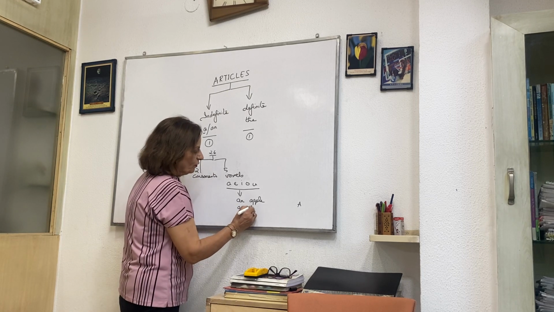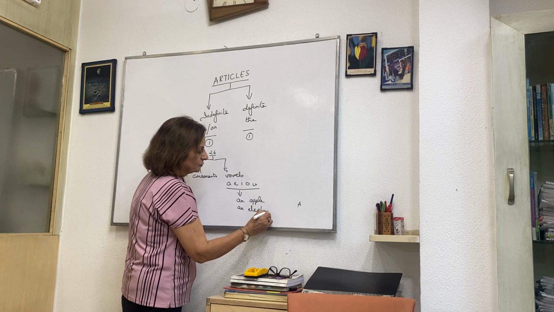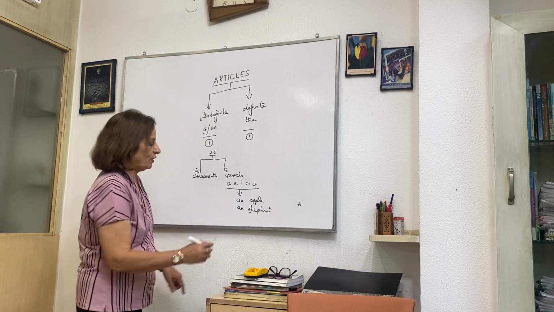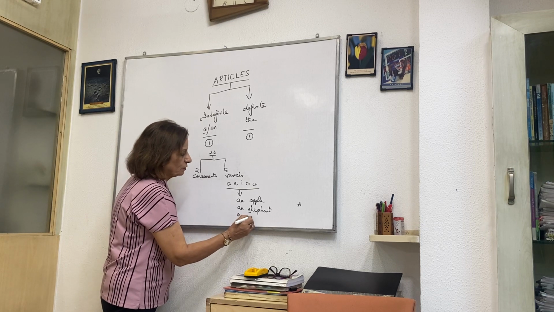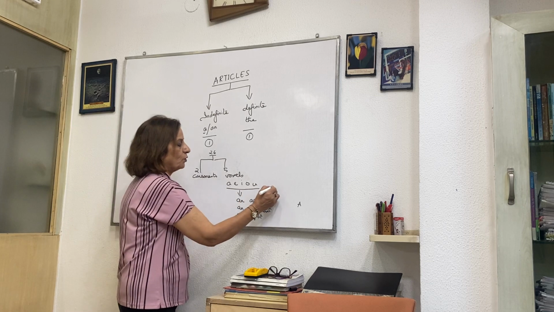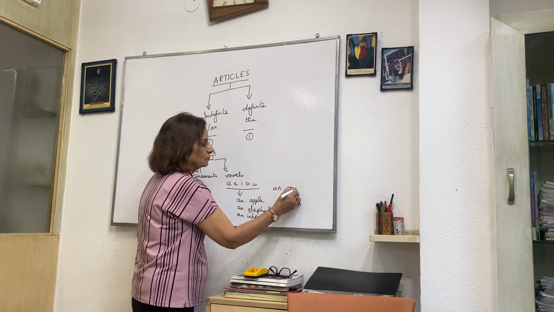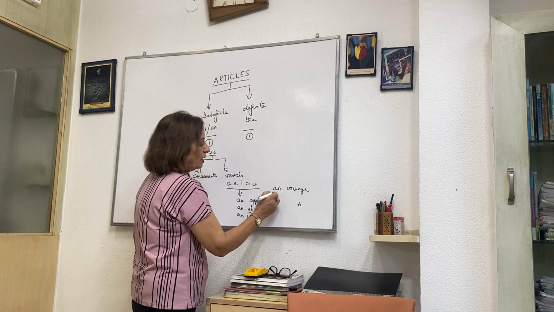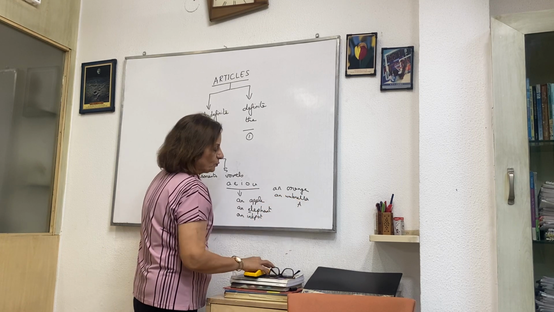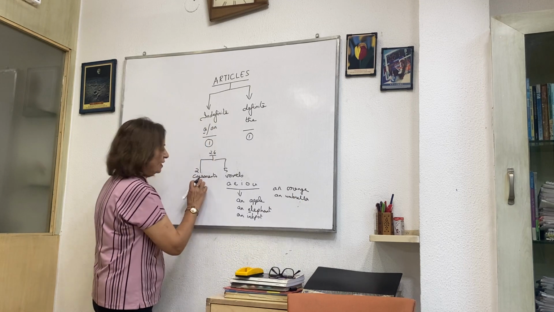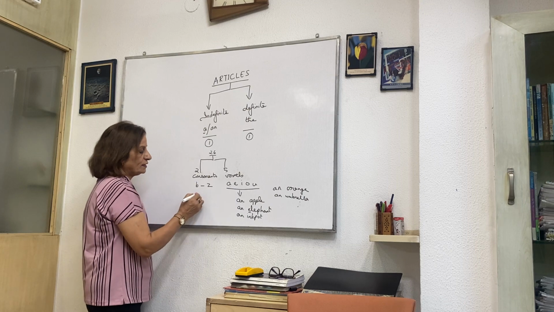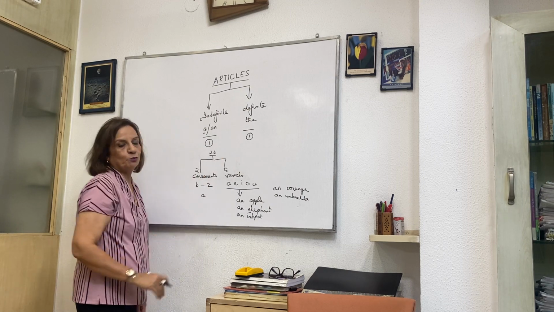An elephant, because it starts with a vowel. So an elephant. An inkpot. An orange. An umbrella. So with vowels we use an, and the rest consonants from B to Z minus these 5 vowels we use a, or later I'll tell you about the.